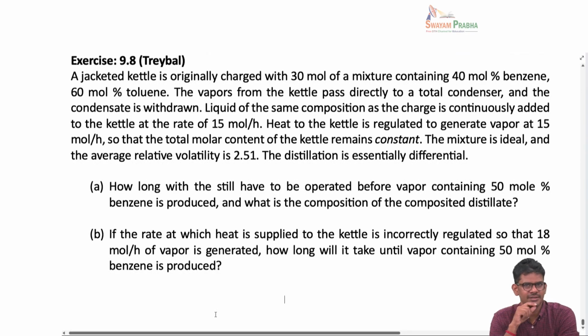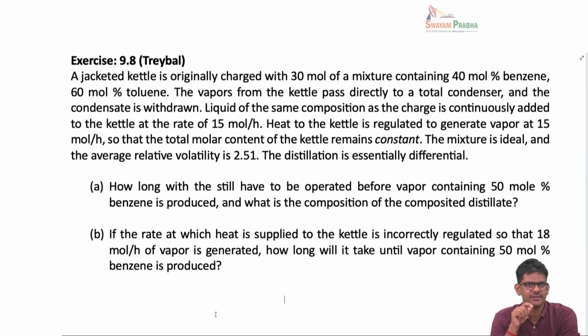So here the question is, how long will the still have to be operated, meaning how long should we continue the distillation before vapor containing 50 mole% of benzene is produced, and what is the composition of the composite distillate.